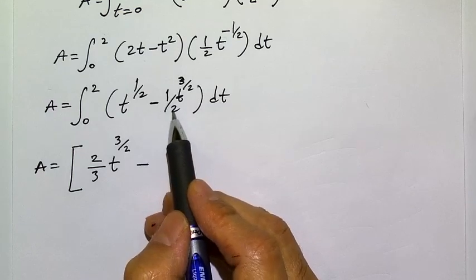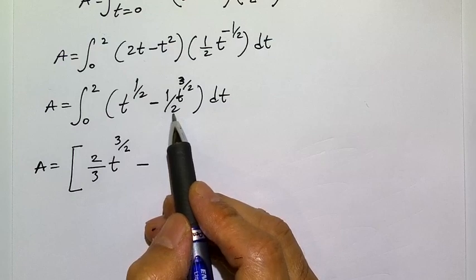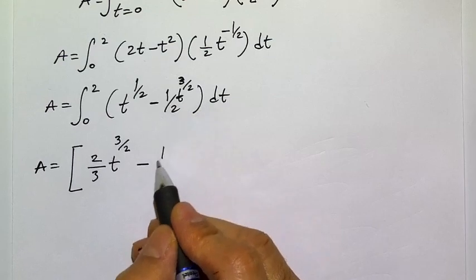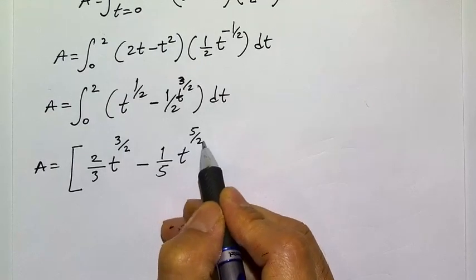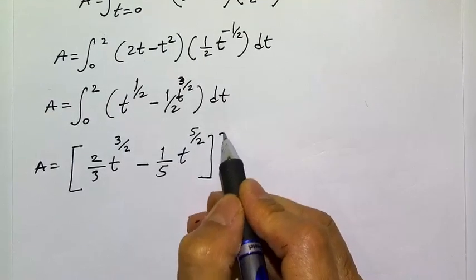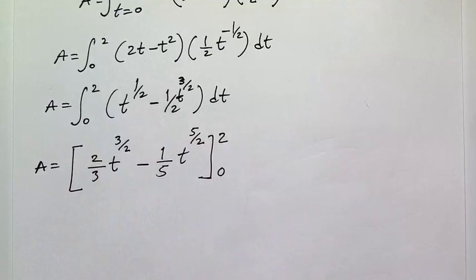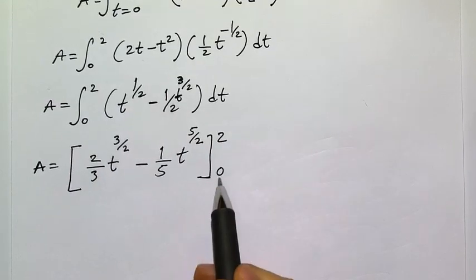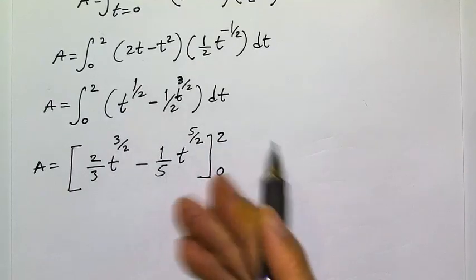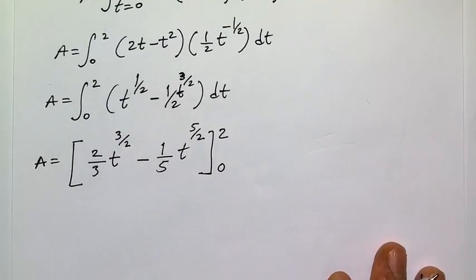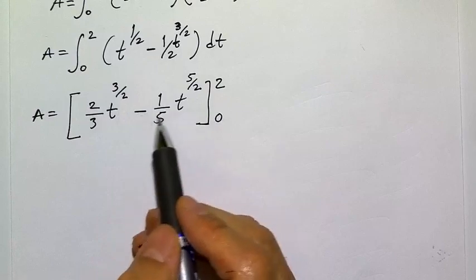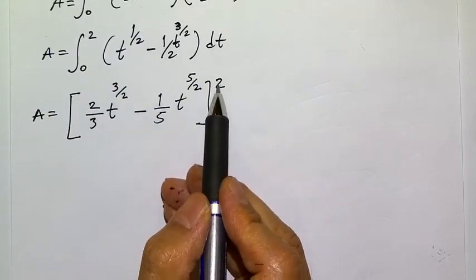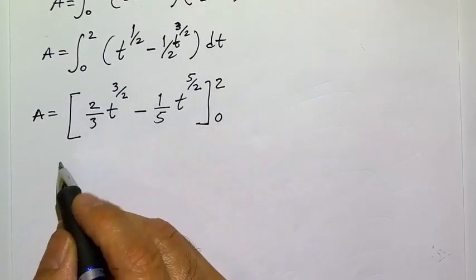So minus 1/2 times 2 over 5, we get minus 1 over 5 times t to the 5/2. And then, of course, the limits of integration. For this piece, both of these terms drop out at 0, so the only non-zero value we get is by plugging in 2 for t. So let's do that.